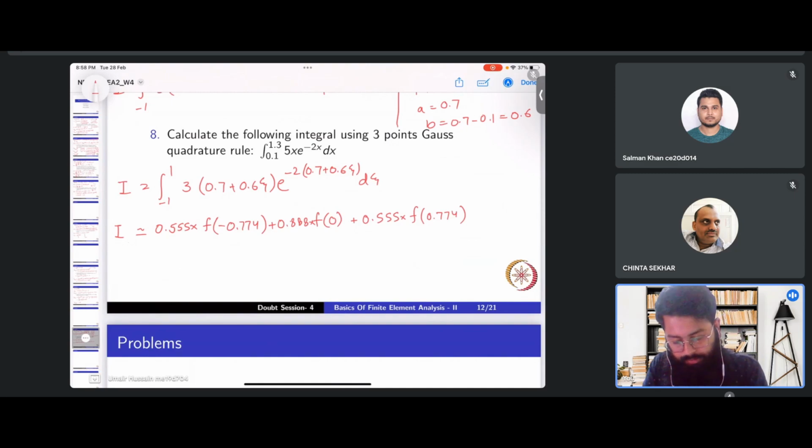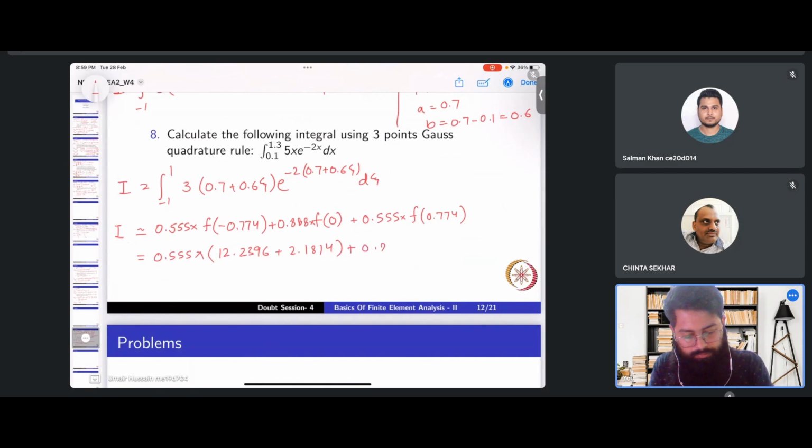So we get 12.2396. Then we calculate the same thing at plus 0.774, just removing the negative sign. We get 2.1814.